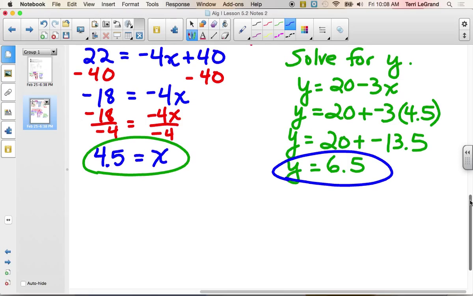Okay, so this is an application problem. We answer in a sentence. What's our sentence going to be? We were asked to determine the cost of a used CD and a used DVD.